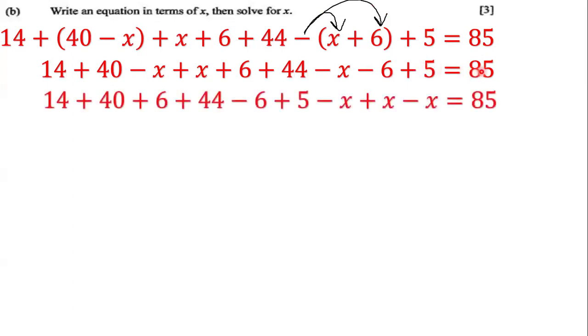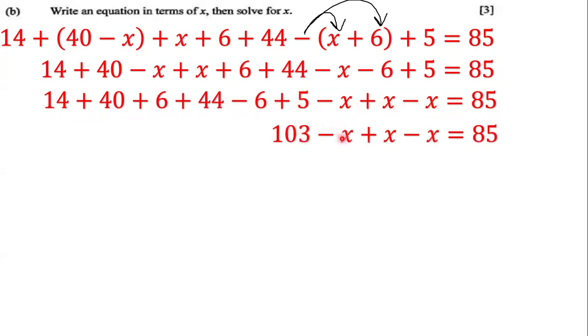Next, we're going to group the like terms. So we bring all of our numbers together, and we bring all of the X's together as well. So we have 14, 40, 6, 44, minus 6, and 5, and we have -X plus X minus X, equal to 85. Next, we say that 14 plus 40 plus 6 plus 44 minus 6 minus 5 is equal to 103.